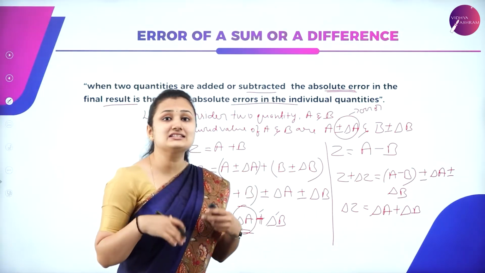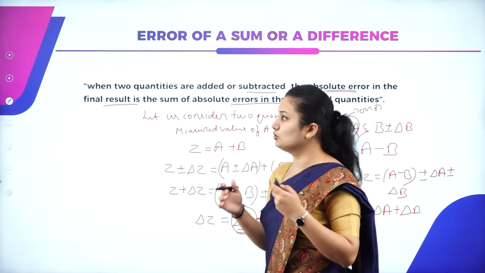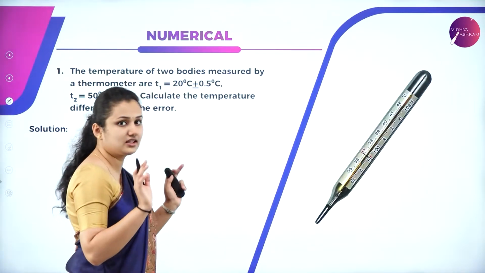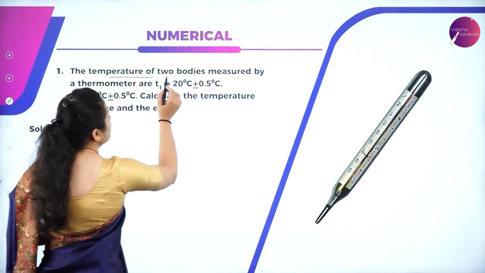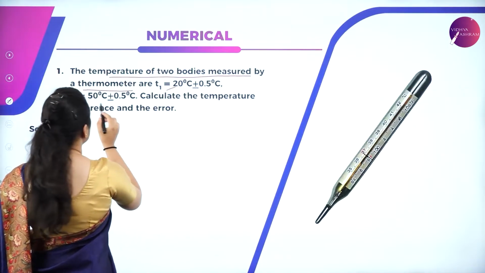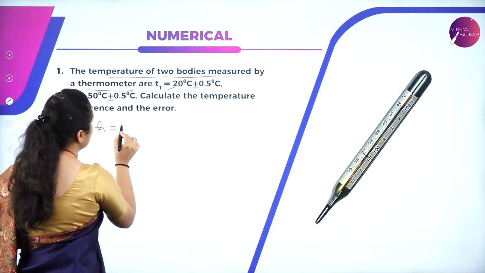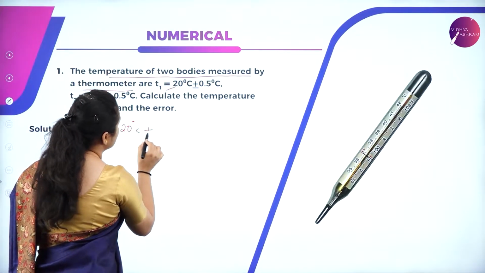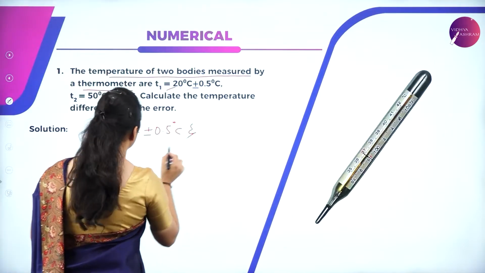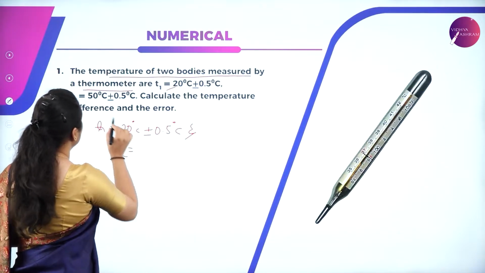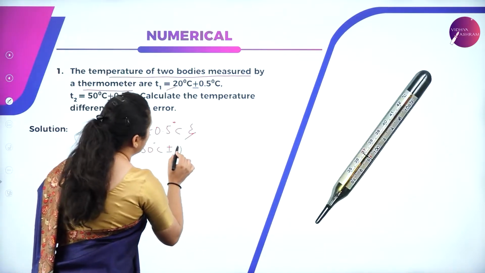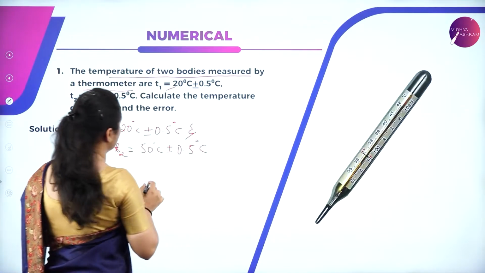So to understand this much better, let us solve a numerical. Here I have a numerical on rule 1. Try to understand this clearly. The temperatures of two bodies measured by a thermometer are T1 equal to 20 degrees Celsius plus or minus 0.5 degrees Celsius, and T2 equal to 50 degrees Celsius plus or minus 0.5 degrees Celsius.